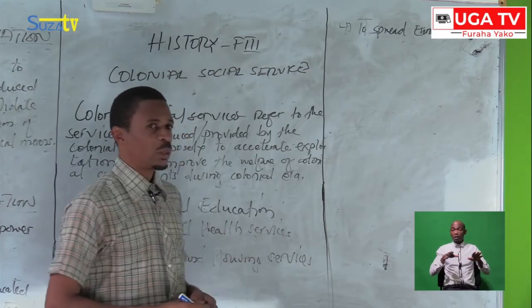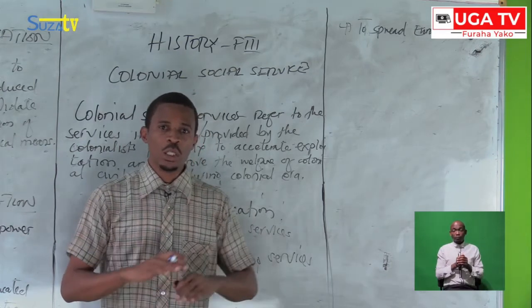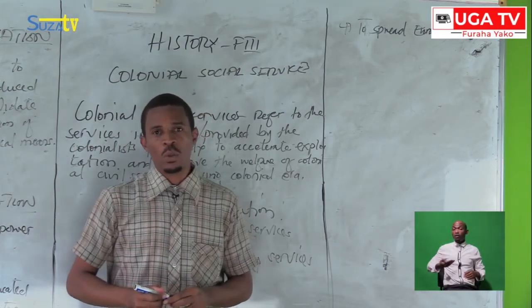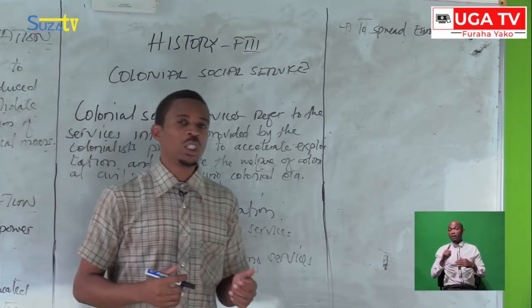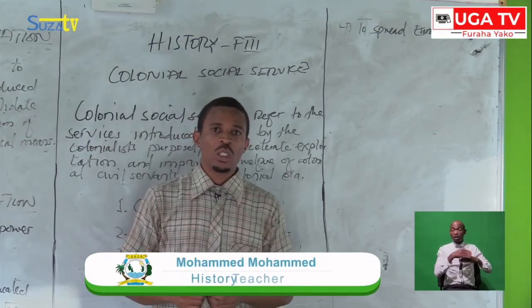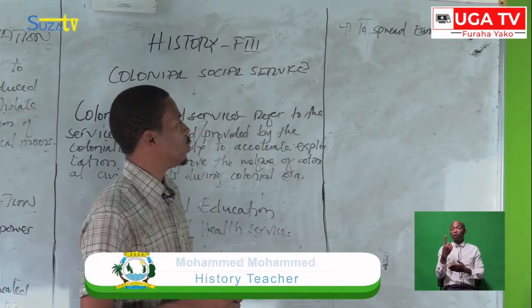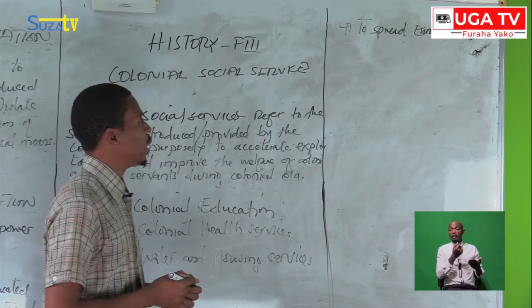One of the aspects of European culture we have currently is the foreign languages we have in Africa. For example, in Tanzania and Kenya, we have the English language as one of the mediums of instruction in schools. This is one of the results of colonial education.